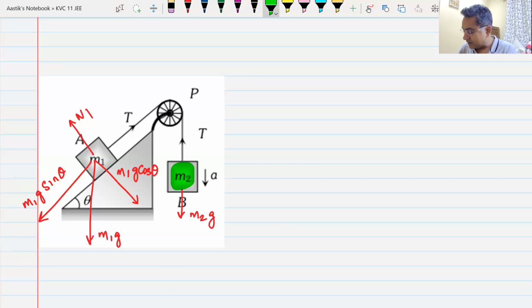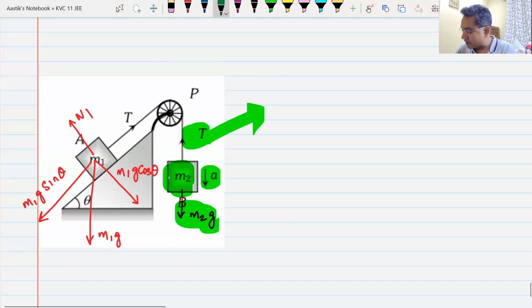Then this is the green block. M2G is here, A is here, T is here. I could write the green equation. The green equation would be M2G minus T is equal to M2A. For this pink block, I could have written this pink equation. This pink block is moving up.